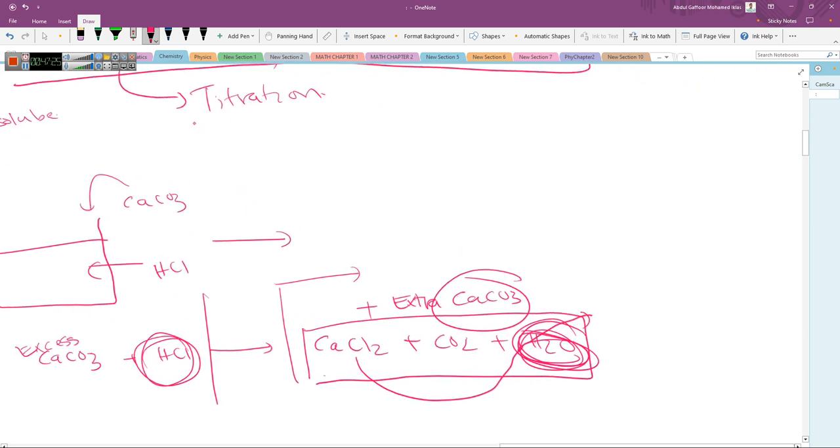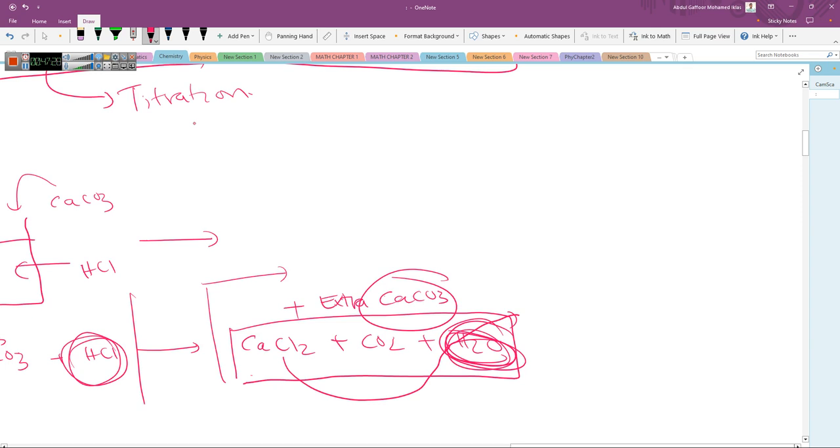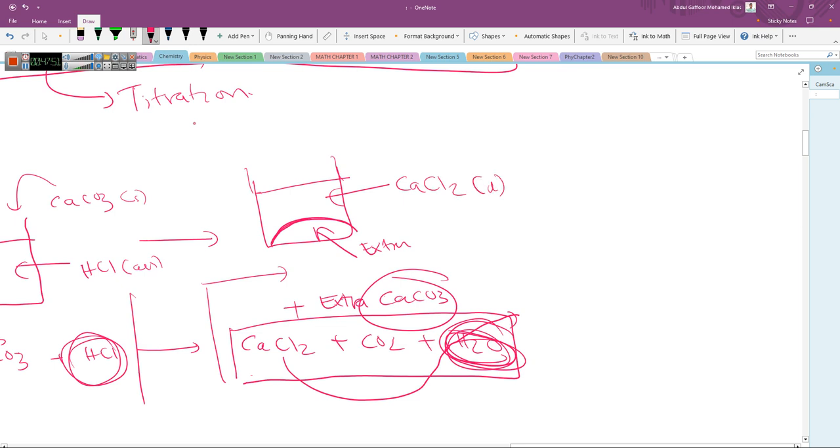If I put solid calcium carbonate into aqueous HCl, the extra calcium carbonate will sink to the bottom. It will not dissolve, but calcium chloride will be in liquid form.